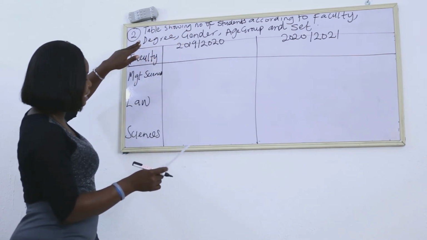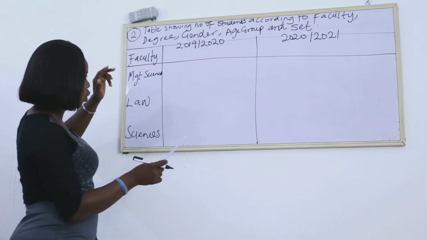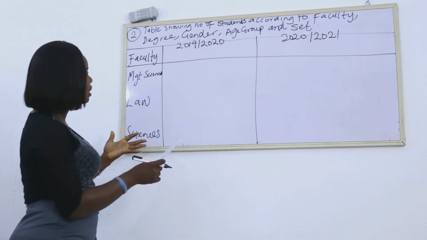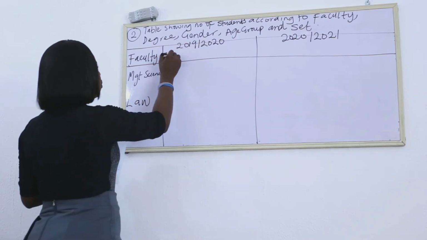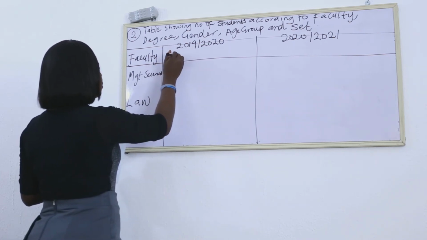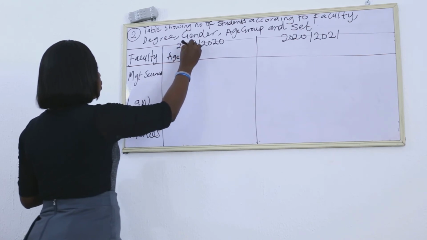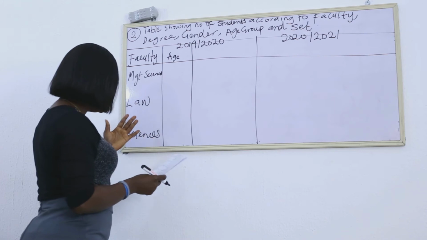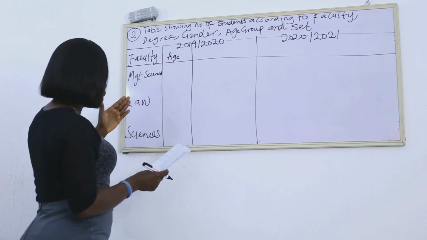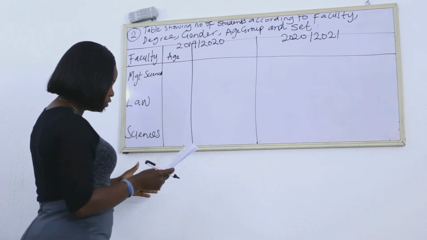Another thing I'll be representing now will be the degrees, or let me represent the age group first. So I'm going to put their age group here. And the age group for each of those faculties is what?